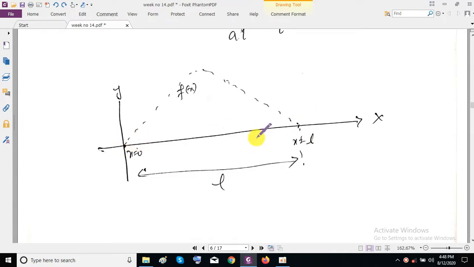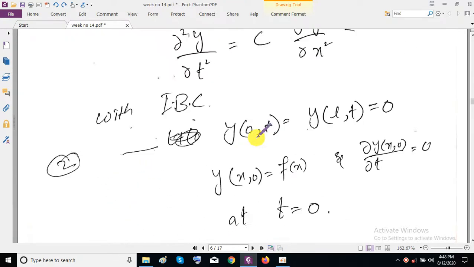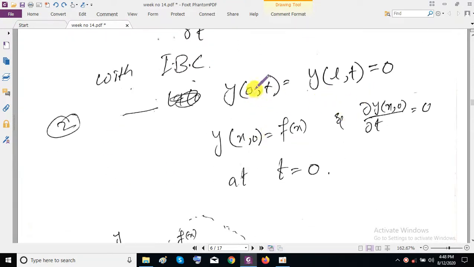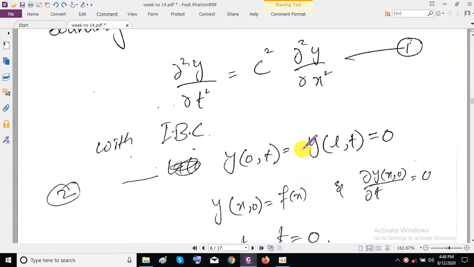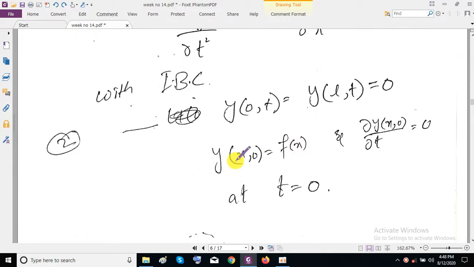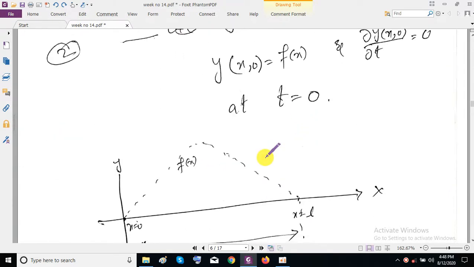So basically these are the two ends of a string, which is equal to 0, meaning the two ends of the string are connected to the x-axis at a fixed point, that is 0. OK, and y(x,0) means at time equal to 0.